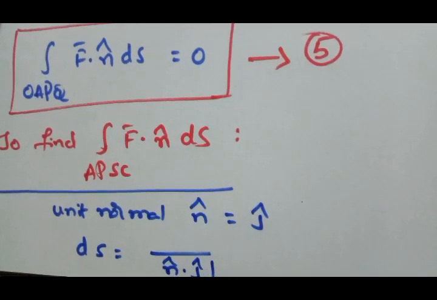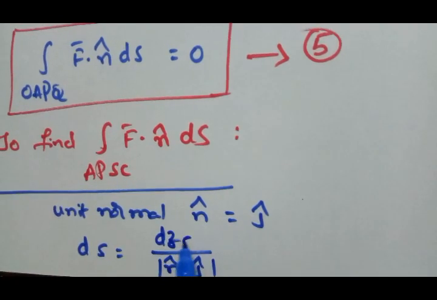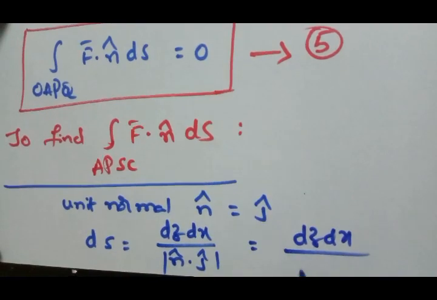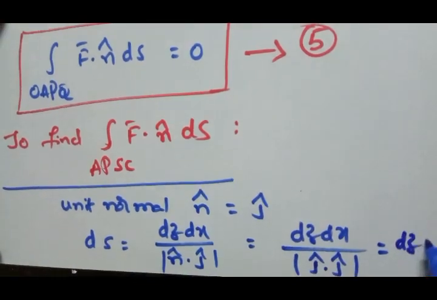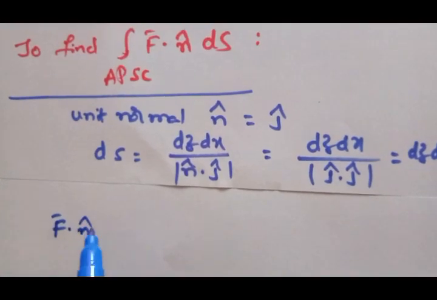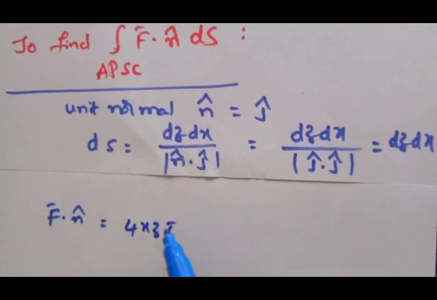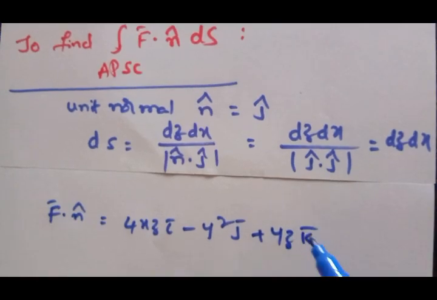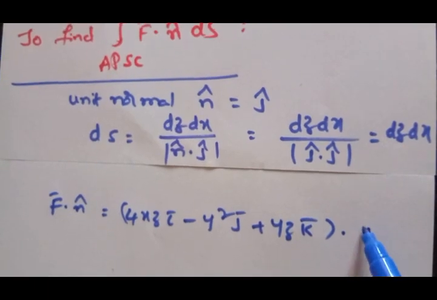modulus of n cap dot j cap. So perpendicular to the y-axis is the zx plane. Therefore, this is equal to dz dx by modulus of j cap dot j cap. This is equal to dz into dx. So f bar dot n cap is equal to, f bar is 4xz i bar minus y square j bar plus yz k bar, dot j bar.